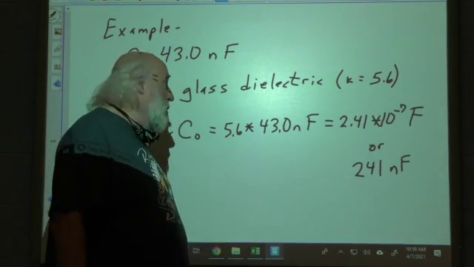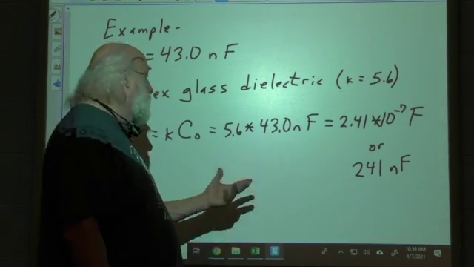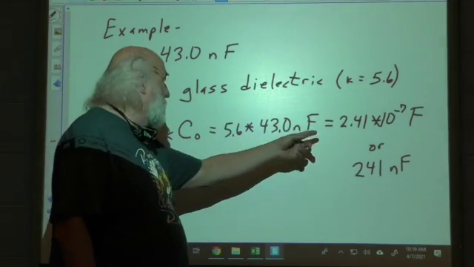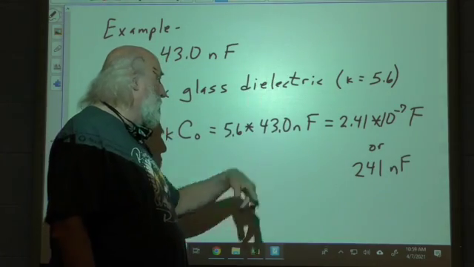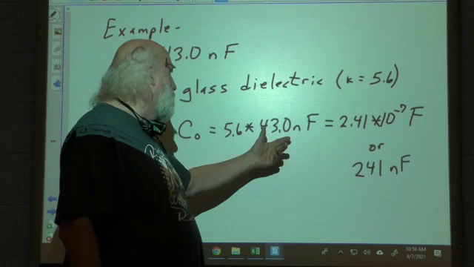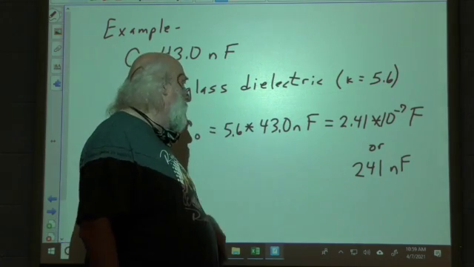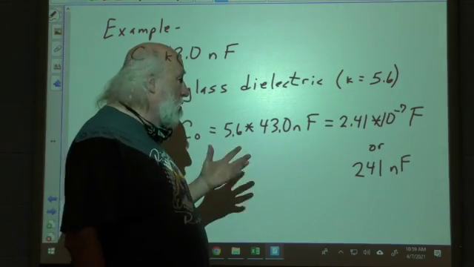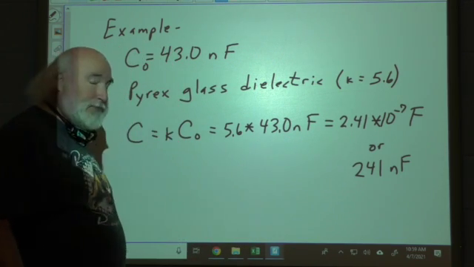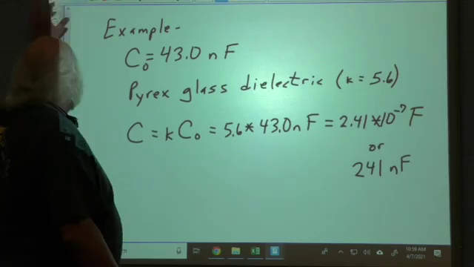Or if you want to go back to the nanofarad, then you could say 241 nanofarads. You could have left it there to say 241 nanofarads, or you could have put 43 times 10 to the negative 9 farads. Either way, you get that value for an answer. That's all there is to it.